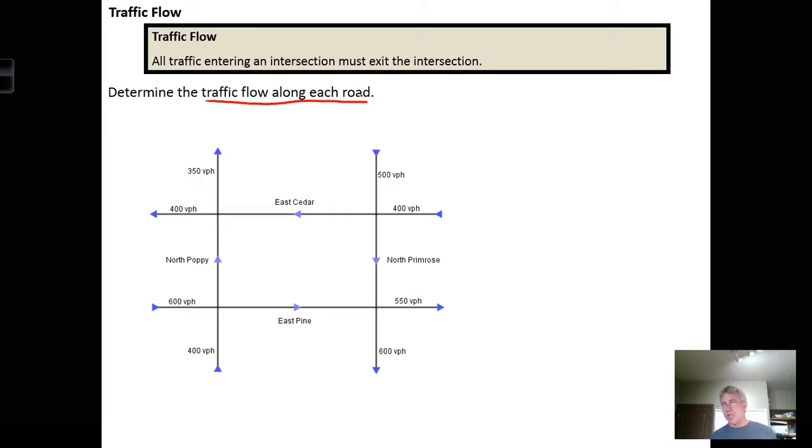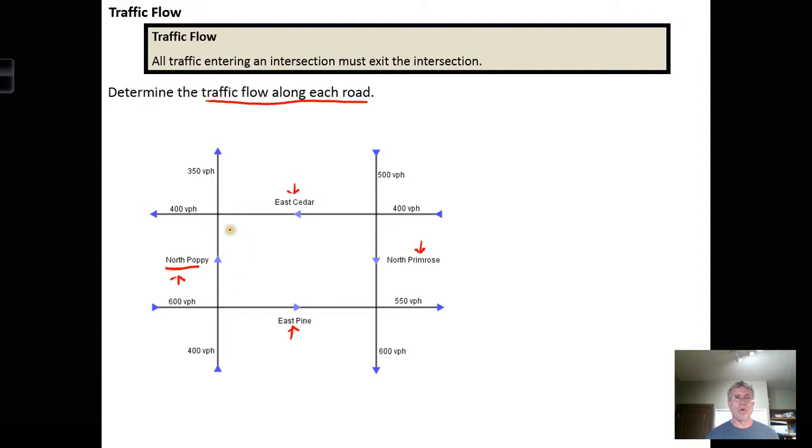Usually what we're trying to do is figure out the highest and lowest the traffic flow can be along any given arterial. So we want to model the traffic flow for each of the four streets depicted in this image.